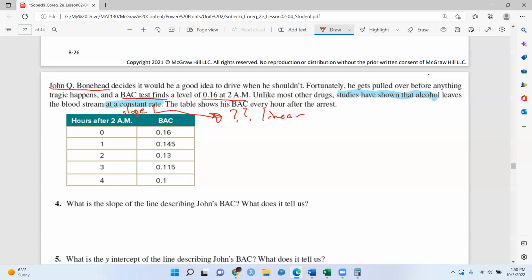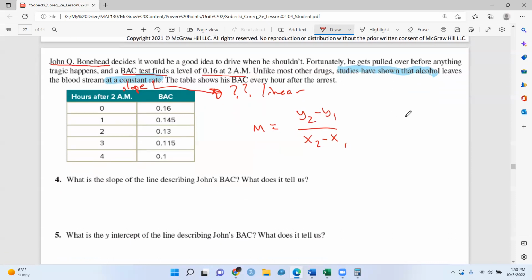So here is our thing. Remember from 2.3, we could calculate slope using a formula. So if this is indeed constant, we just need to find the difference between any two points. So let's do that. I'm just going to pick the first two because maybe they're simpler numbers.